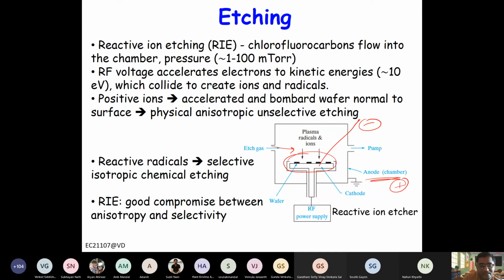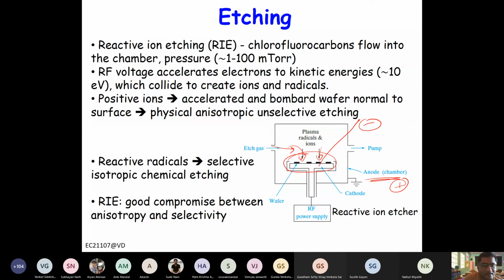Of course they will hit the surface also, but they will hit the gas particles also. And these gas particles, or gas molecules, atoms, will form ions, right? So there are two types of species that are formed: positive ions, right, which accelerate and hit the surface, and another is reactive radicals, right?